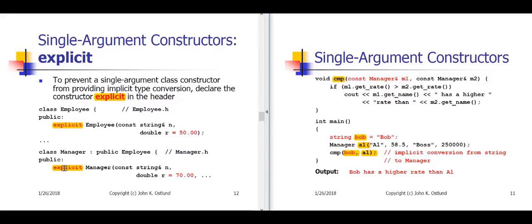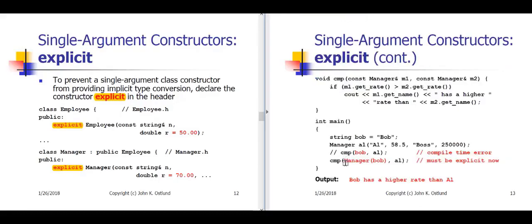Once you've declared the constructor explicit, that means it won't be implicitly called like it was here for Bob on slide 11, and instead, if we want to convert Bob to a manager, we have to explicitly call the manager constructor for Bob.